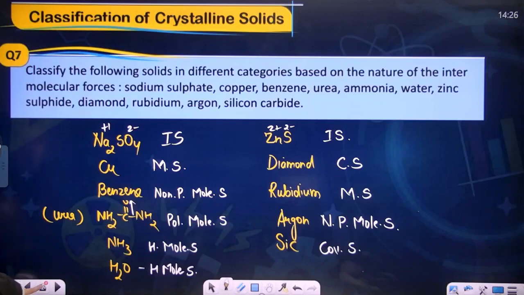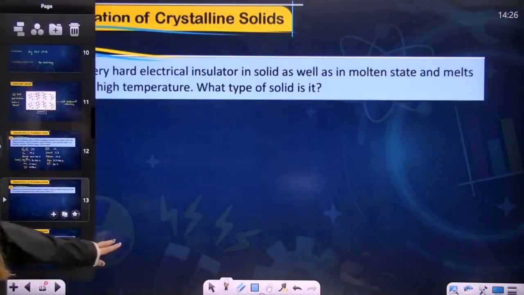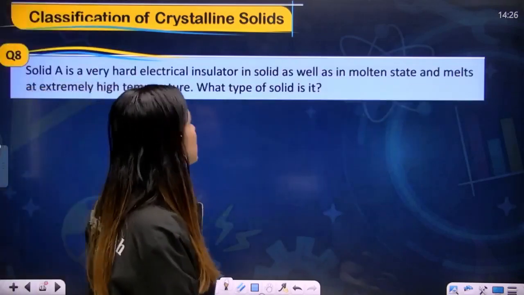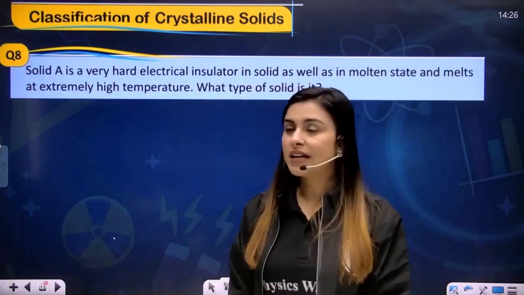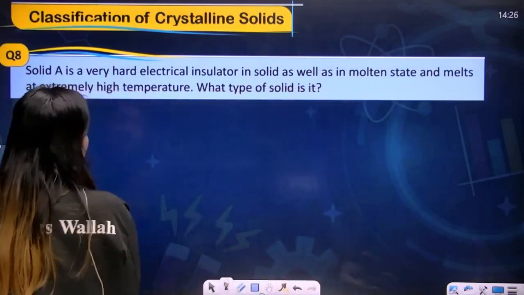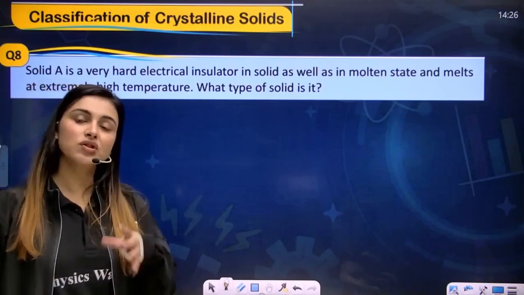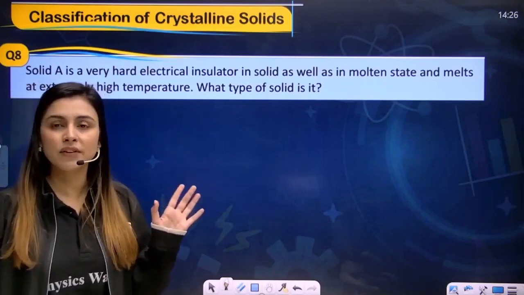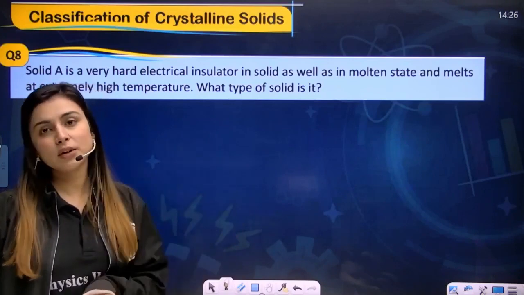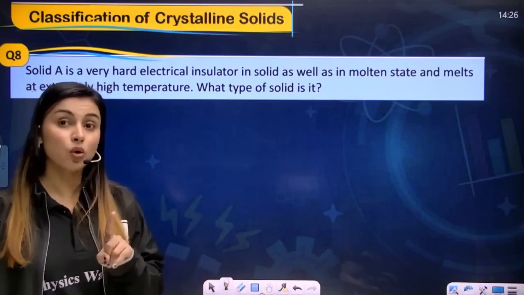I hope you've written it. Let's move forward. Let's try another question. The question says that solid A is very hard. It is an electrical insulator in solid as well as in molten state. It is not a conductor of electricity neither in solid state nor liquid state. So this is a covalent solid, right?